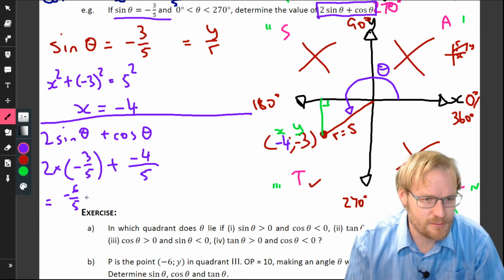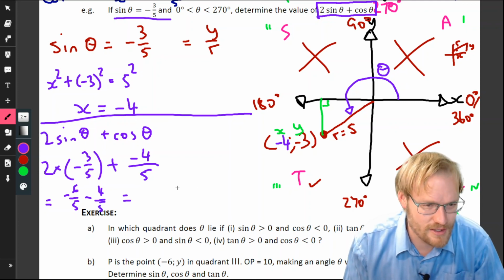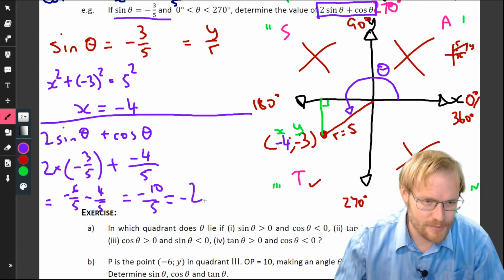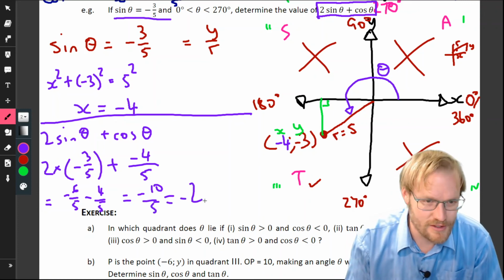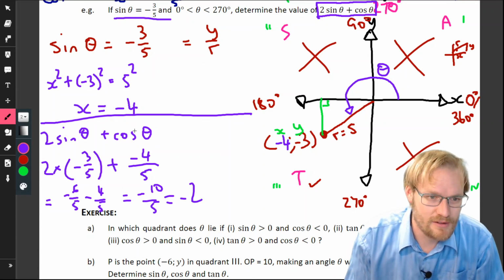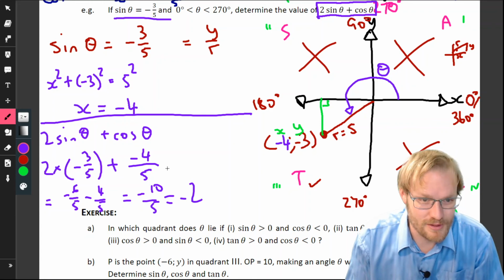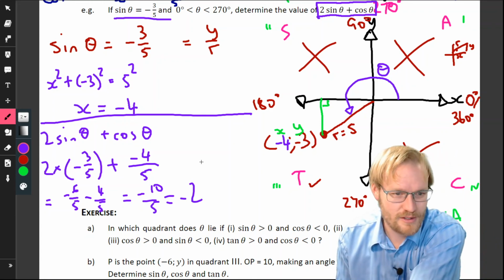And of course, I'm doing all of this, but it might have just been worthwhile to plug this into your calculator, and to get minus 10 over 5 gives us minus 2. But I'm serious, we could have written this bit here. It might say without a calculator, doesn't matter, this is the bit that's important. Plug it into our calculator and we get minus 2.